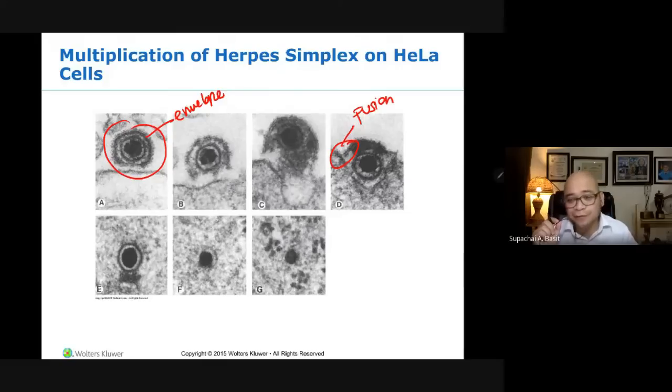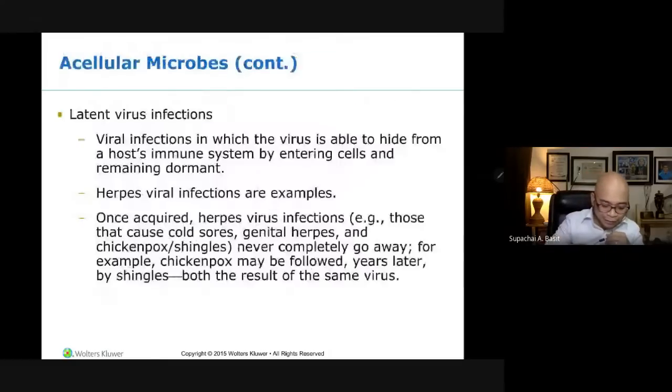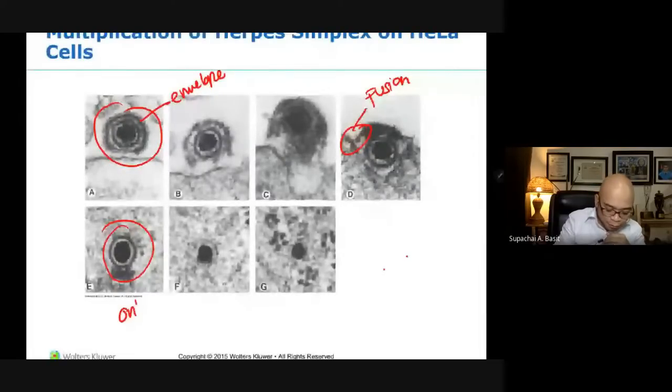And that conformational change will allow it to bind or fuse with the host cell membrane. And as you can see, only the capsid, okay, this is the capsid, only the capsid enters the cell.